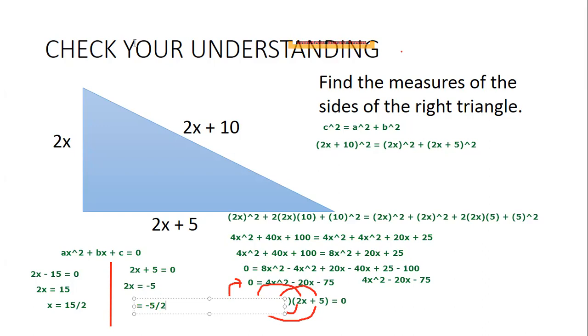However, we cannot use a negative value for our measurement because we don't have a negative value for measurement. So we will use the positive value, which is 15 over 2. If you're going to get the legs of the triangle, this will be 2x, or 2 times 15 over 2, or simply 15.